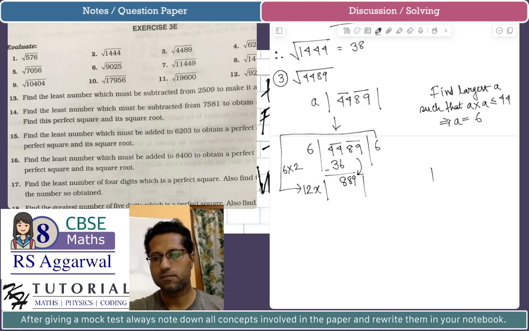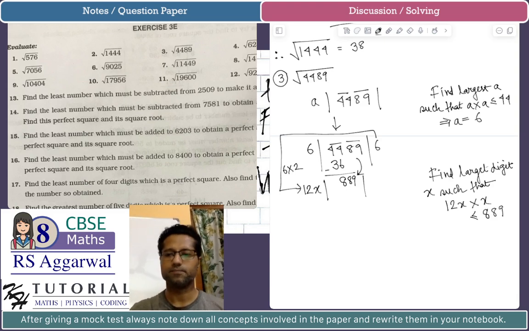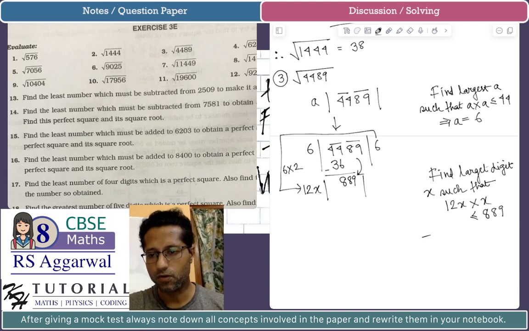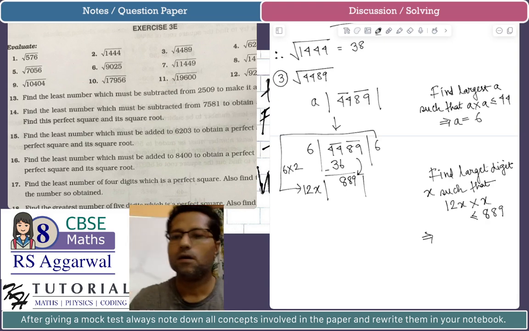Find the largest digit x, and always this a and x are digits, such that 12x multiplied by x is less than or equal to the current dividend, 889. So this implies what will be x? This could be a little challenging to find.